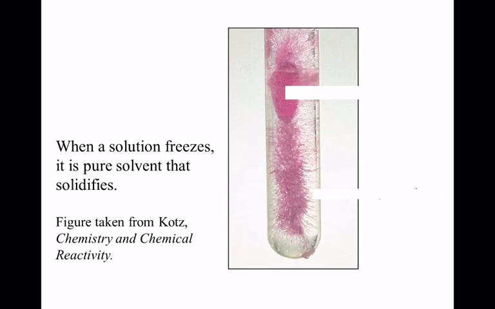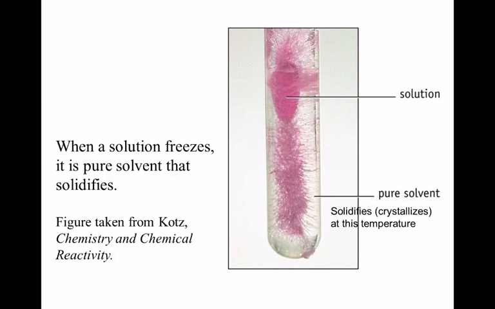Okay, so looking at freezing point depression. This actually is not the figure I was talking about, but this is showing you that in its pure state, it freezes at a higher temperature, and there, where it's kind of blobby, actually this is a mixture.